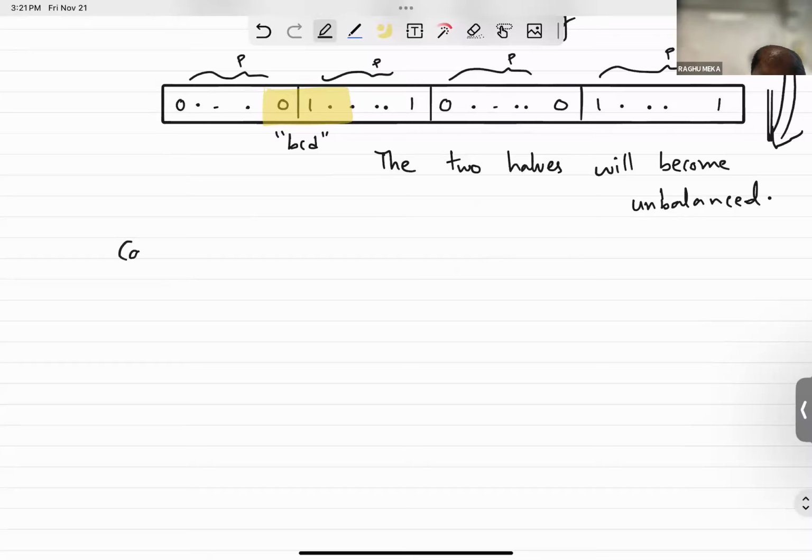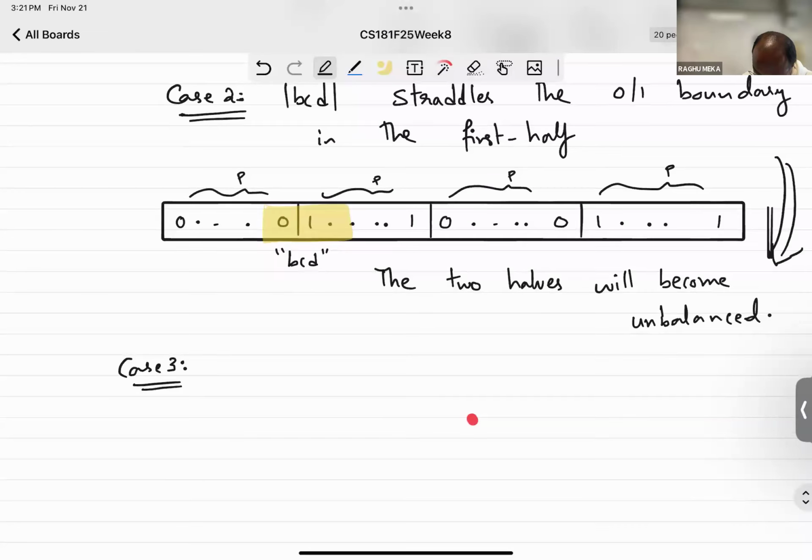Lastly, this one is slightly different. Say first BCD straddles the middle.